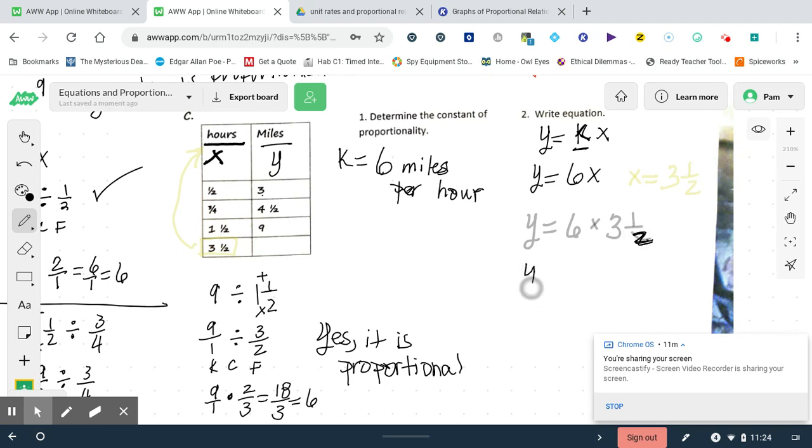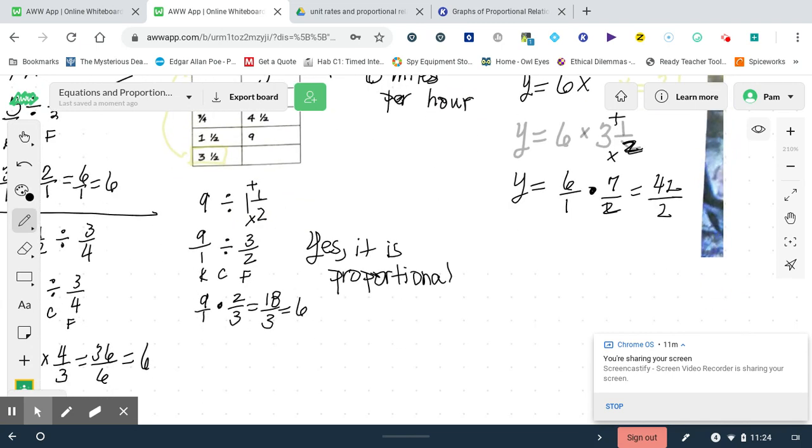So I'm just going to write this as 6/1 times, I'm going to change this to an improper fraction. 2 times 3 is 6. 6 plus 1 is 7. So that's times 7/2. I end up with 42 divided by 2.